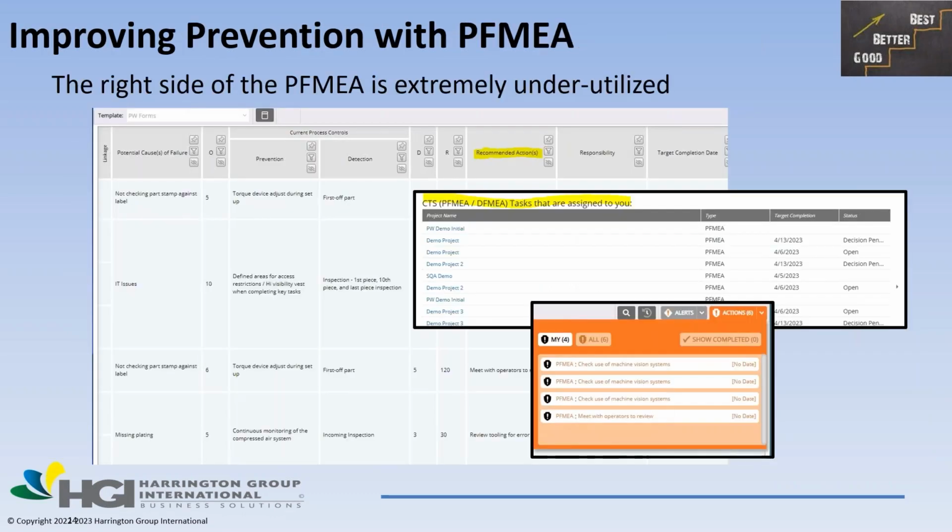Now, this section is really important. For those of you familiar with the PFMEA, the right side of the PFMEA is where we're supposed to put in all the things to reduce risk, improve our ability to detect it, reduce occurrence.